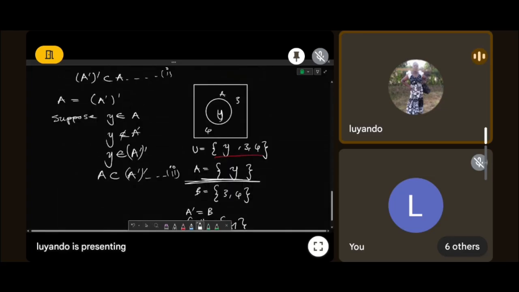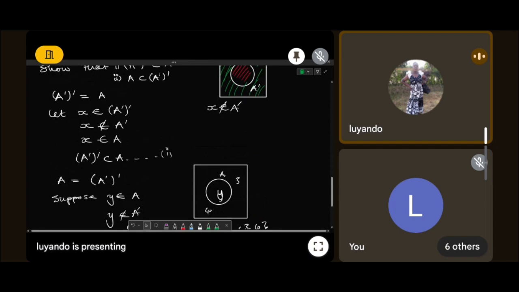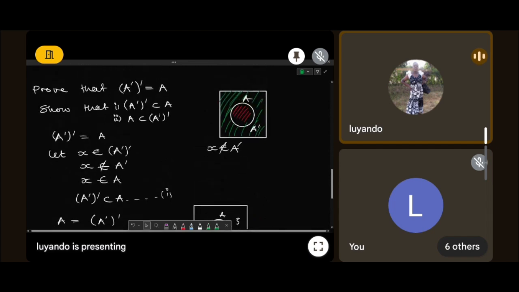So from these two statements, you can conclude that A complement is equal to A. You've ended this question. So if we are clear, we can quickly move on to the next question on the list. Are we clear? We move on.